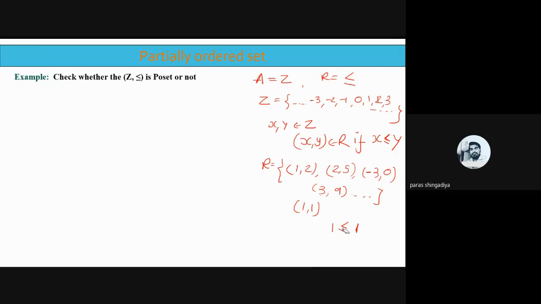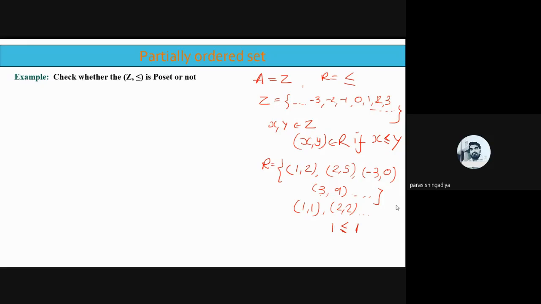If I remove this equality, it is only strictly less than, 1 less than 1, so it is not true. And if I consider this equality between them, now it is true. Clear? So therefore (1, 1) exists there, (2, 2) also exists, (3, 3) also exists, (0, 0) also exists, (-1, -1) also exists.